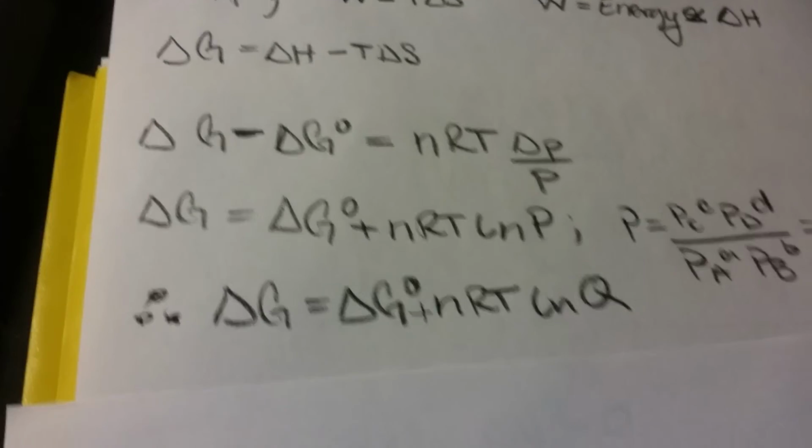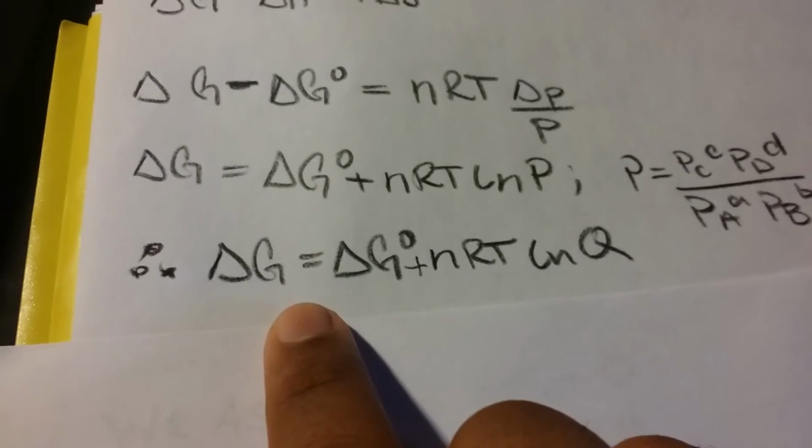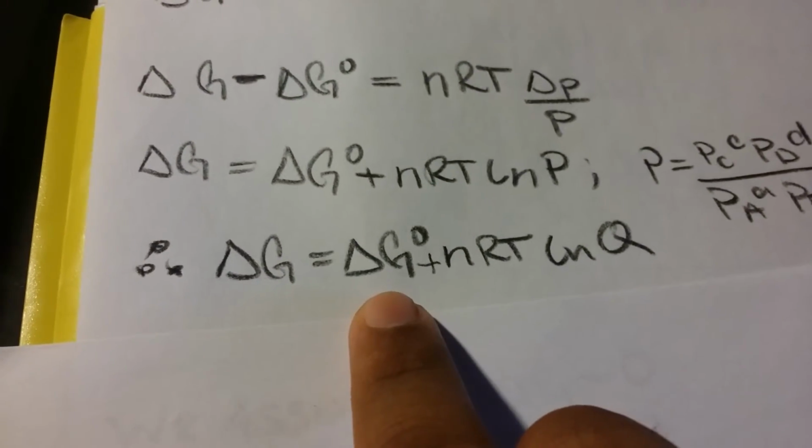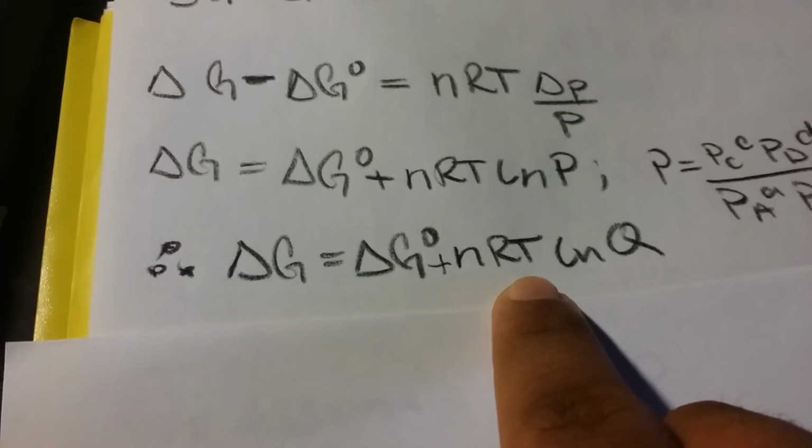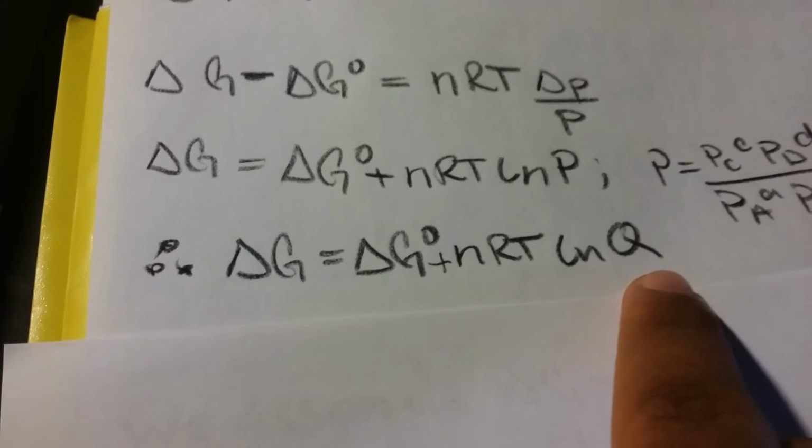Therefore, we can state that delta G equals delta G standard plus nRT times the natural log of Q.